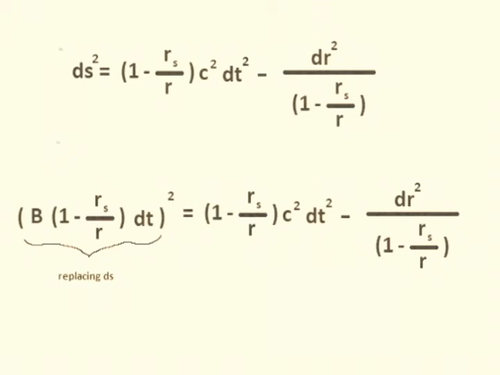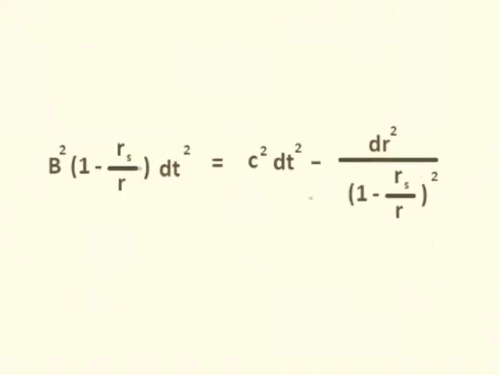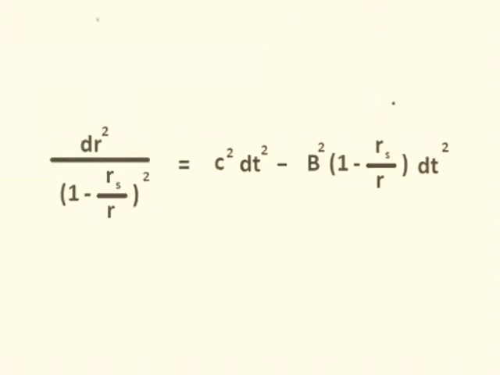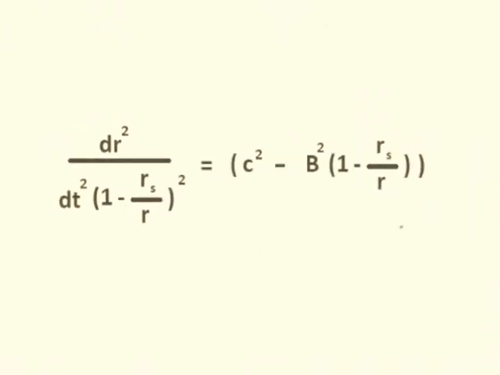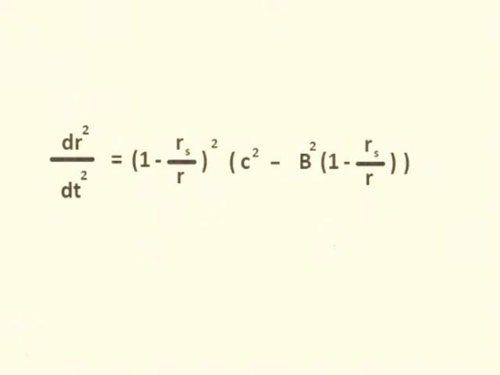Then we divide by 1 minus rs over r to get this. Move the dt's to one side and the dr to the other to get this. Pull out the dt squared with the distributive property. Move the dt squared to the other side, and move the 1 minus rs over r squared to the right hand side. Last we put in terms of dr over dt.